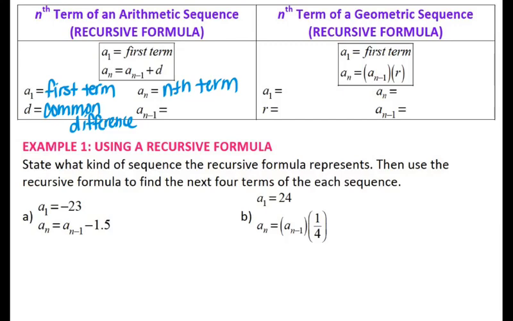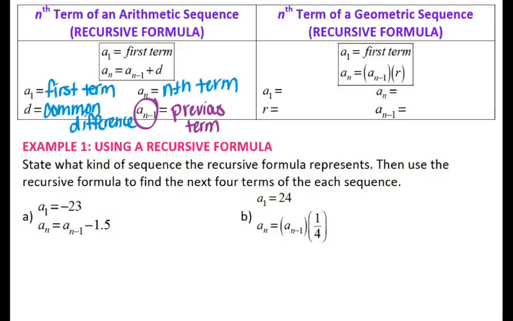And this a_(n-1) is what's new. a_(n-1) means the previous term. So if the term I'm trying to find is a_n, the previous term is a_(n-1).